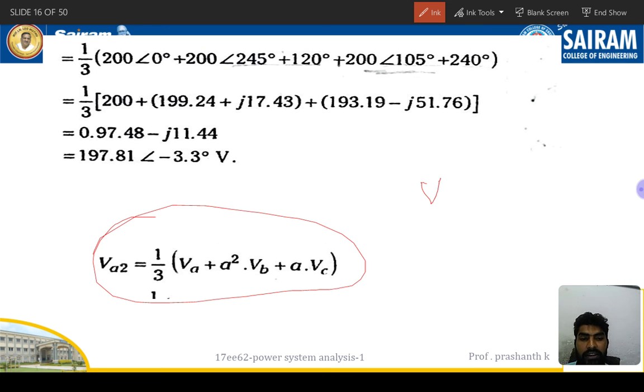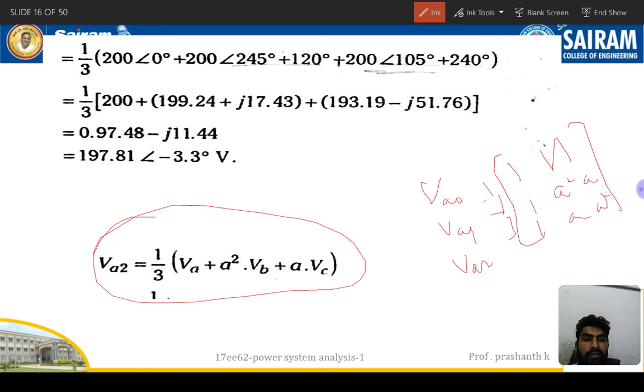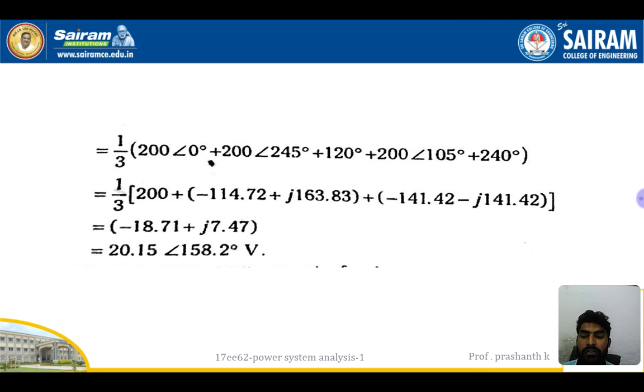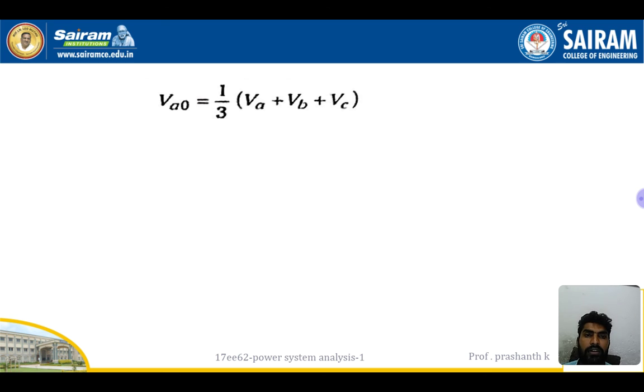So VA0, VA1, VA2 is equal to 1 by 3 into the matrix 1 1 1, 1 a a square, 1 a square a, times VA, VB, VC. Okay. Next, we got the value as 20.15 angle 158.3.